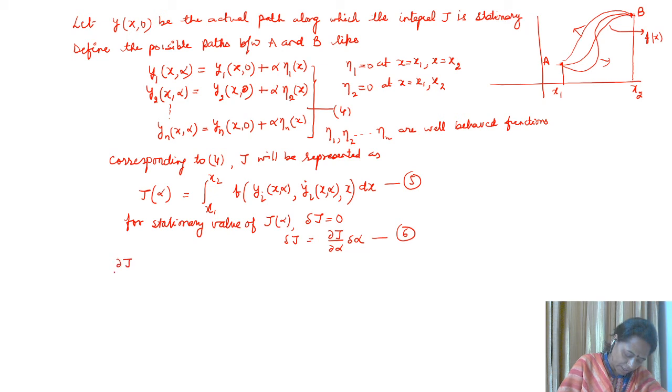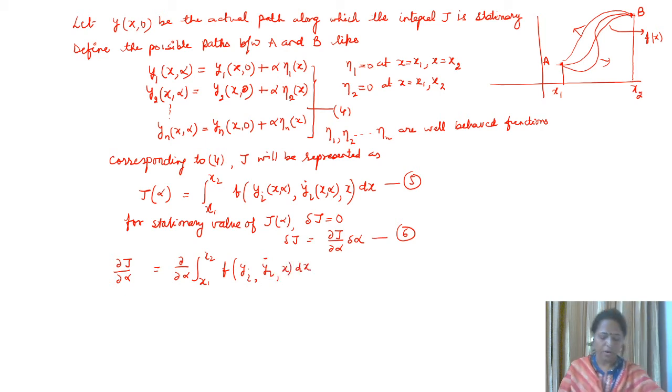Now delta J by delta alpha, initially I may write only this, will be delta by delta alpha of the integral from x1 to x2 of f, I am just writing yi, yi dot and x, dx. But you know that alpha is not varying corresponding to the x coordinate.